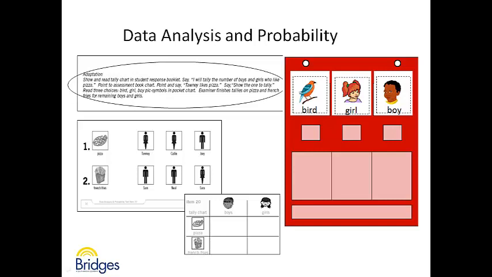Now you'll go over to the pocket chart and you'll read the 3 choices: a bird, a girl, or a boy. So the student would indicate whether Tawny is a bird, a girl, or a boy. And then the teacher will mark that in the tally chart. You would continue this for the remaining boys and girls.